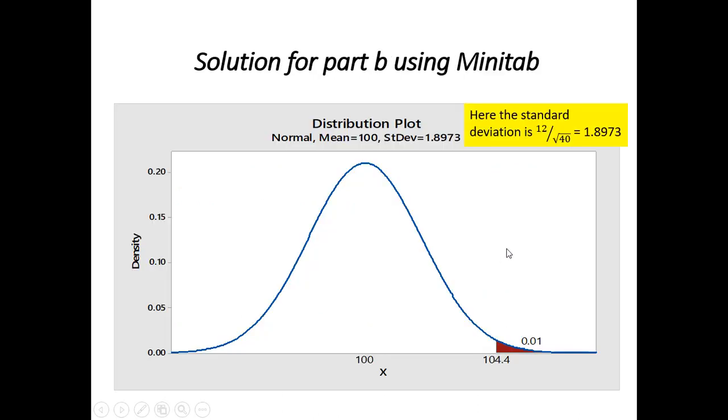Now, another way of seeing this is by sketching the distribution plot. Here I used Minitab to do this, but we don't have to do this with the technology. You could simply sketch a normal curve.